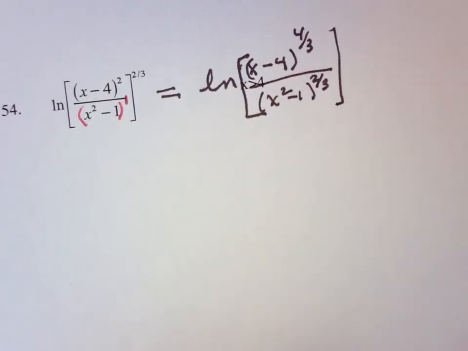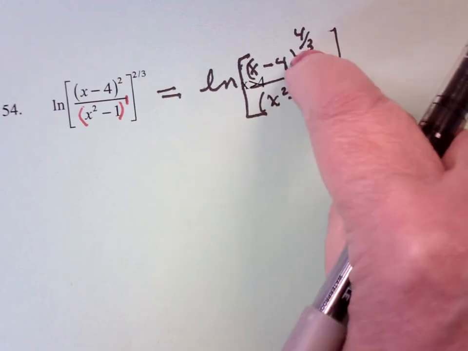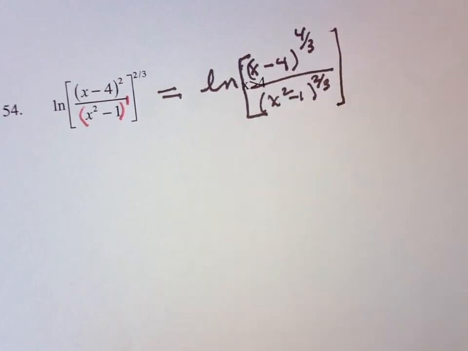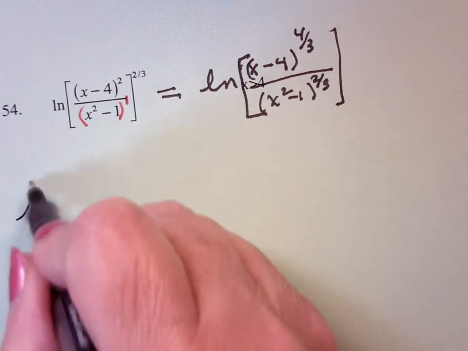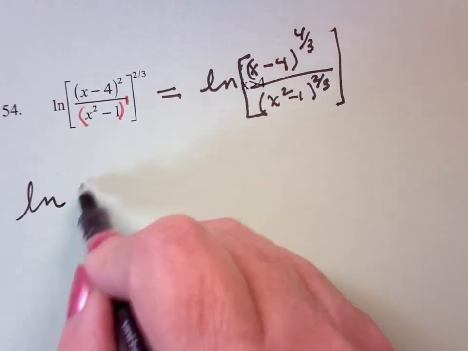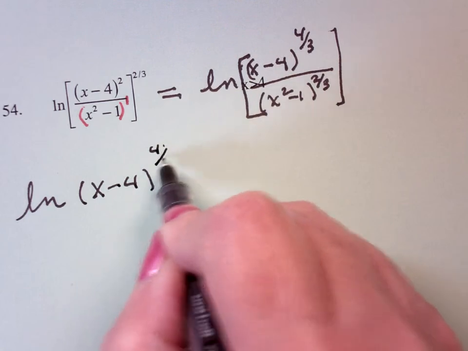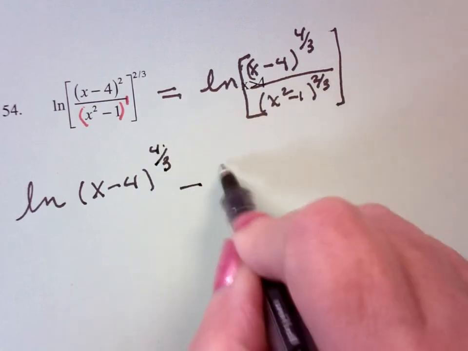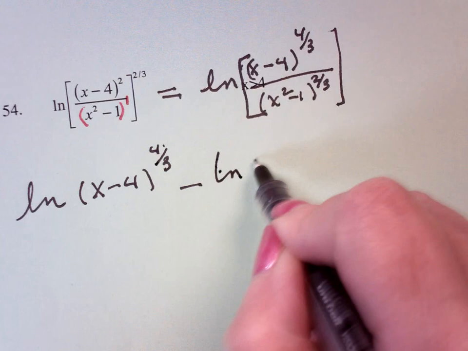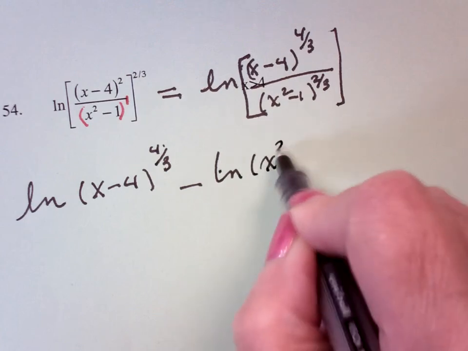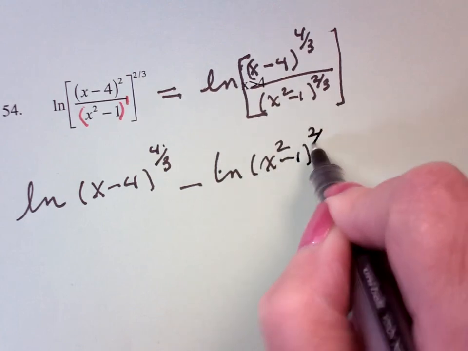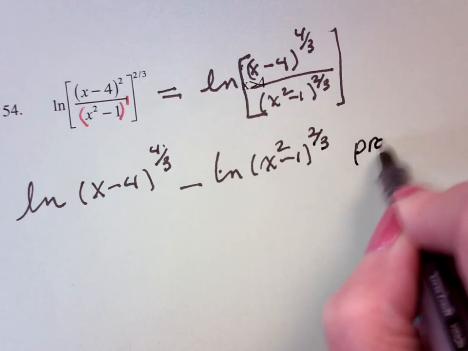Now it's straightforward in that it's the natural log of the numerator divided by the natural log of the denominator. So the natural log of the numerator is x minus 4 to the 4/3. Subtract the natural log of x squared minus 1 to the 2/3. And of course that's property 2.